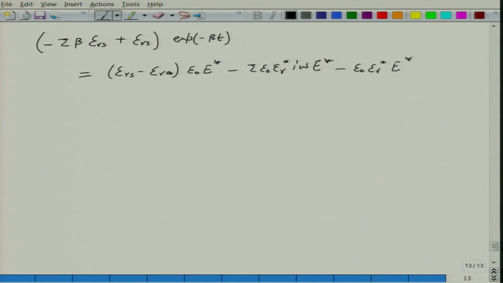Okay. So, since these two sides are equal to each other, they must be equal to some constant, and it turns out that constant is equal to 0.